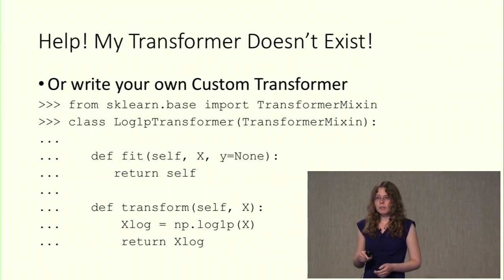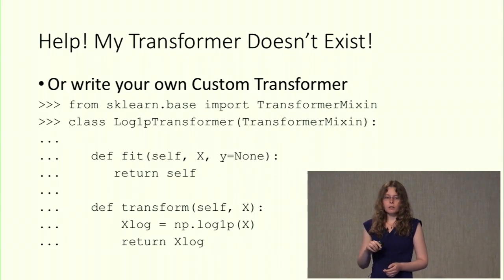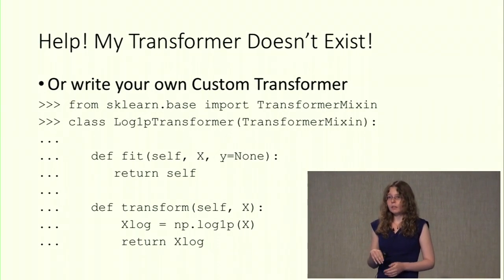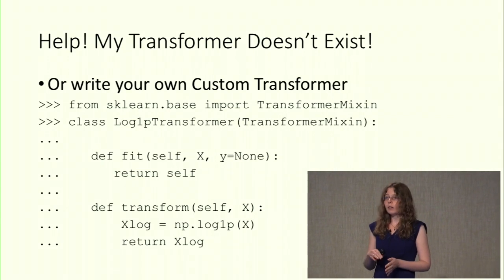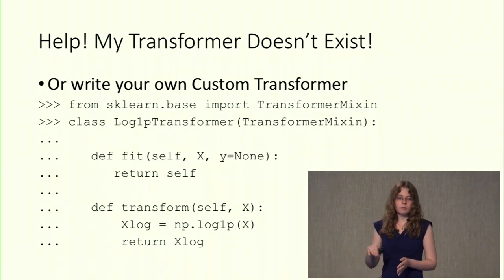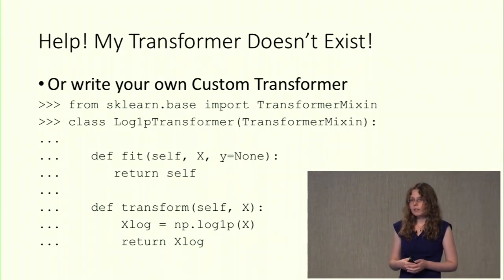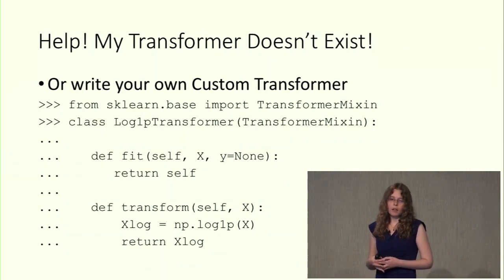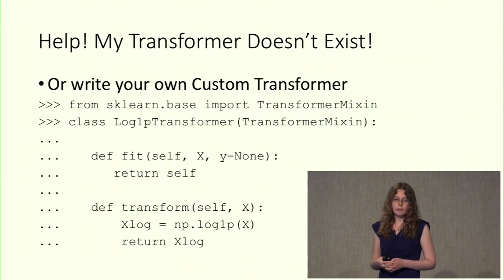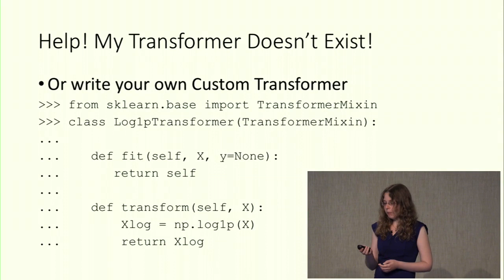The transformer mixin will take the fit and transform methods and automatically create the fit underscore transform method, which is just a convenience method. The fit method doesn't need to do anything because there aren't any parameters that the transformer needs to know from the training data. But the transform method, all it does is call the function on your data set and return it. So super simple, but this lays out the structure.